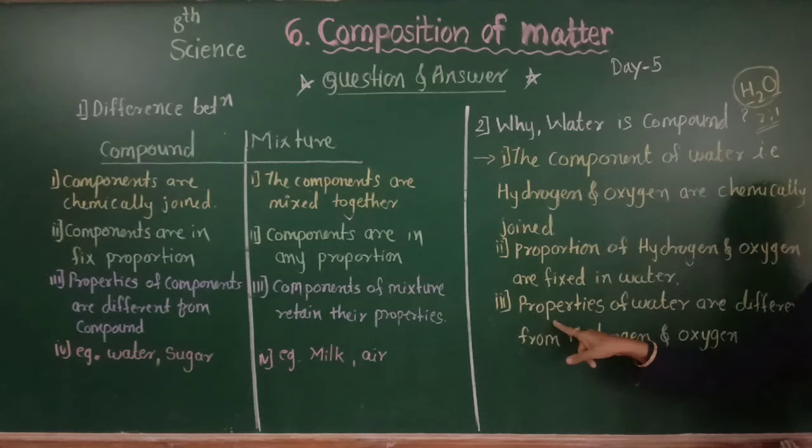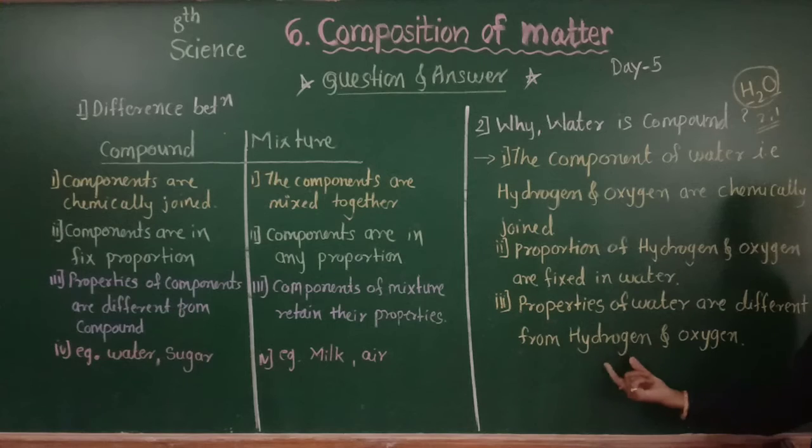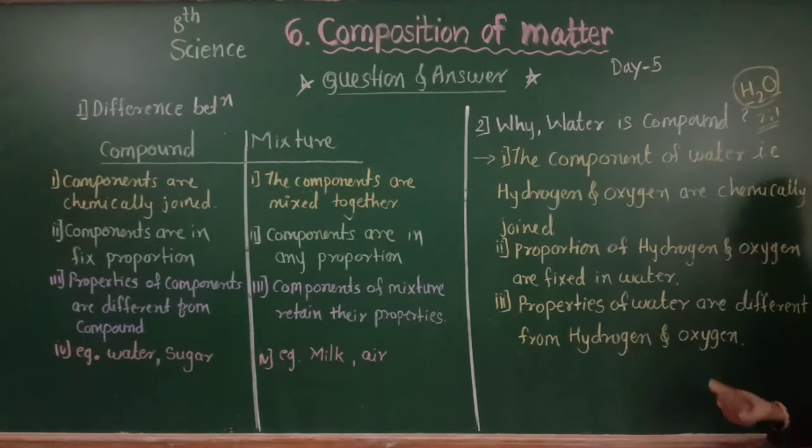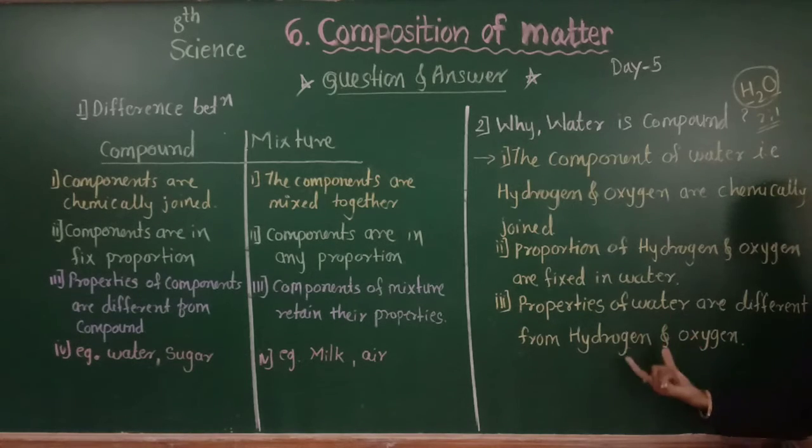Then the third point of the answer: the properties of water are different from hydrogen and oxygen. We know the components of water are hydrogen and oxygen. Both are gases, but water is a liquid. The state changes from the components to the compound.